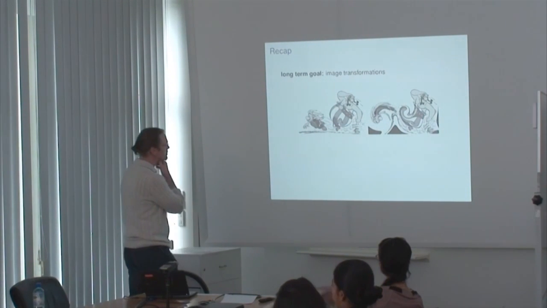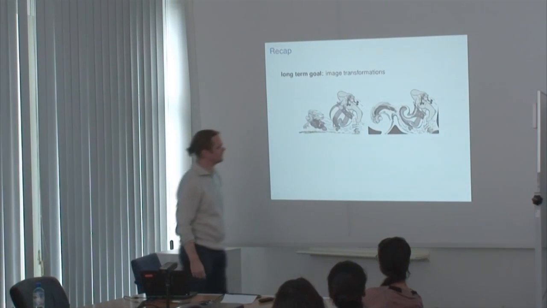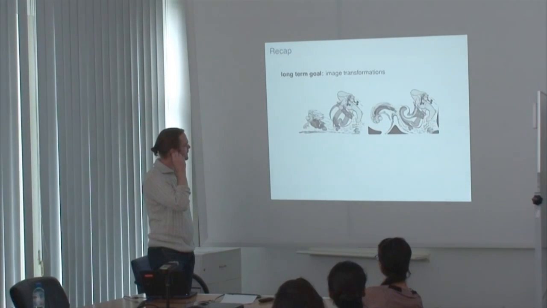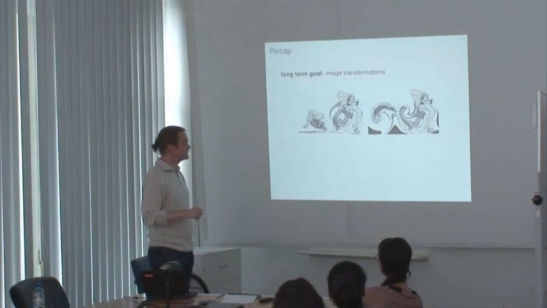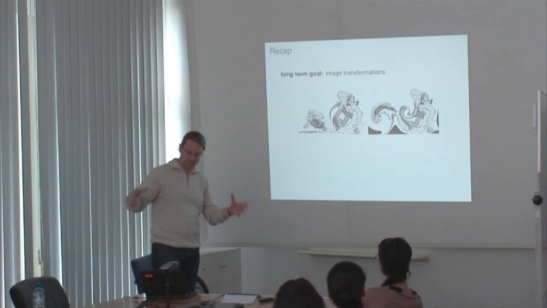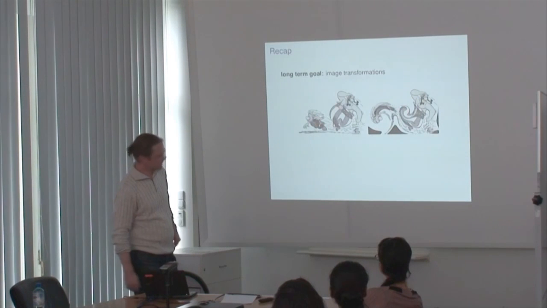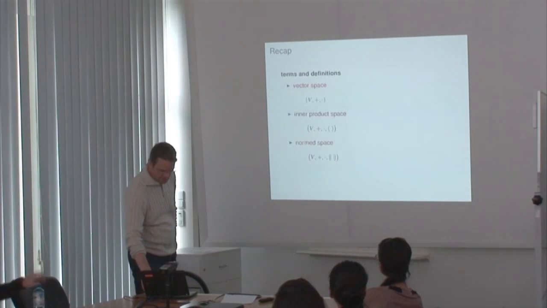How we can manipulate an image like this one, such that afterwards it looks like that, for instance. And I have said it in the very first lecture, the overarching topic of this whole lecture series is transformations. And so now it's time to look into what that may mean.